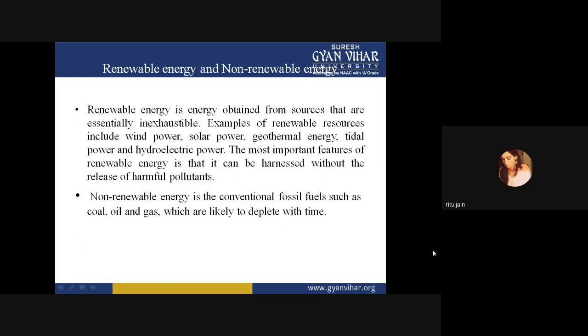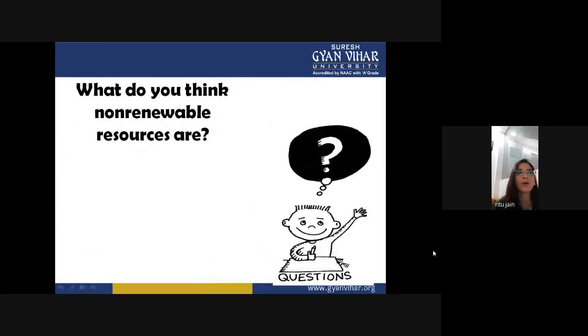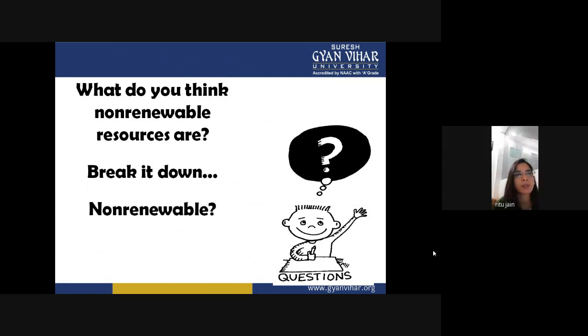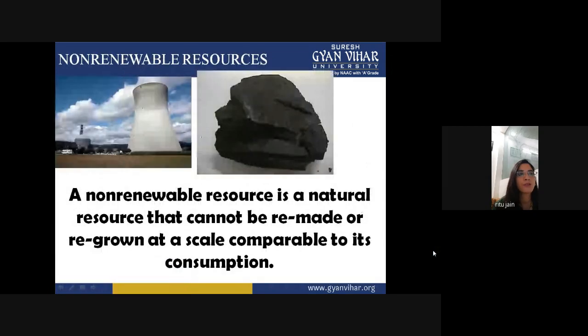Now, next we come to non-renewable resources. We break it down into two parts: non-renewable, and the other is resources. So first we will consider non-renewable resources.